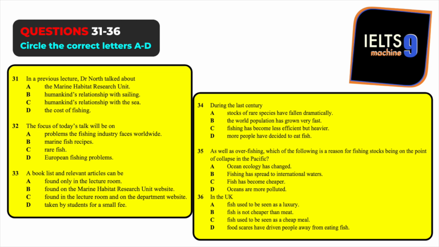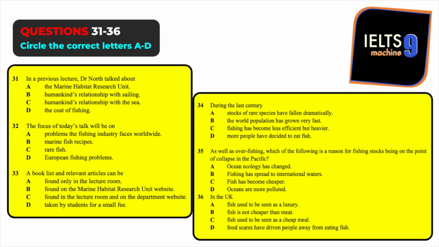Fish stocks in the Pacific Ocean, for example, are now on the verge of collapse due to a combination of overfishing and natural changes in ocean ecology. And there's another reason behind the increased demand for fish, and that is the changes in the eating patterns of different countries. Certain countries have a long tradition of fishing, for example, the southern European countries, but eating patterns have changed in countries like the United Kingdom, where fish was once considered as food for the poor rather than the rich.